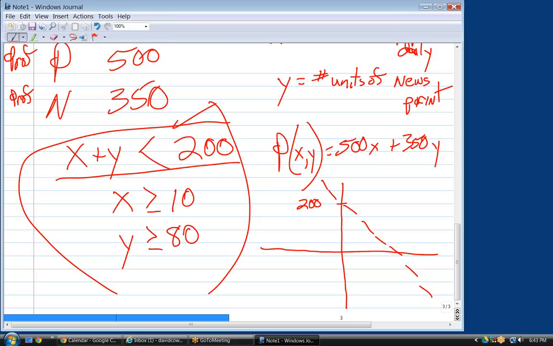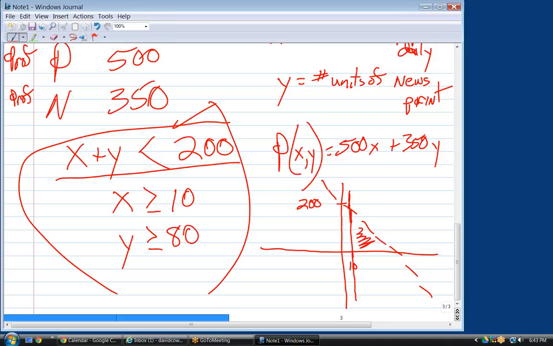X has to be greater than or equal to 10. Well, on my graph here, that's right here, 10. So this solid line. So far, we're in this area here, right?